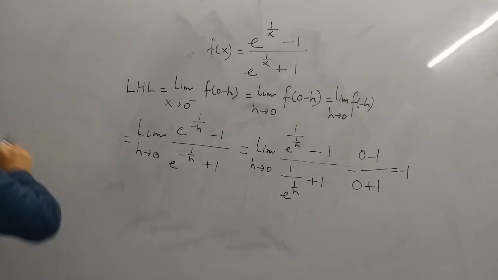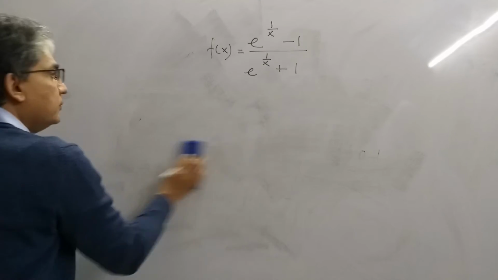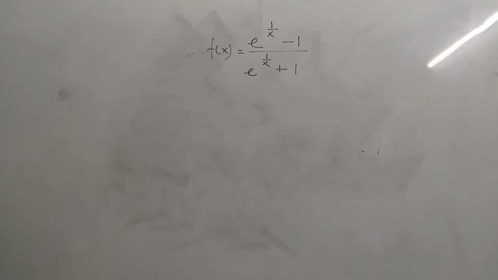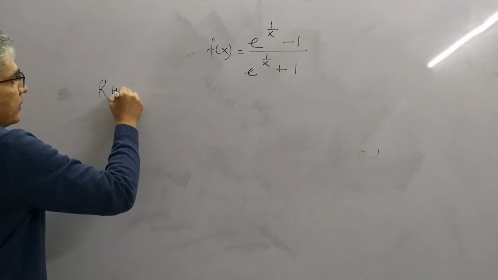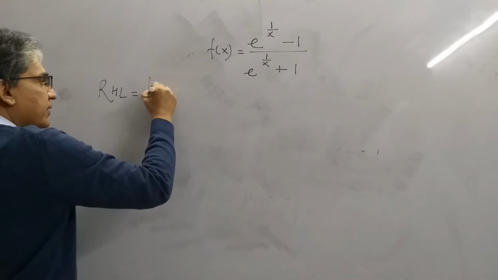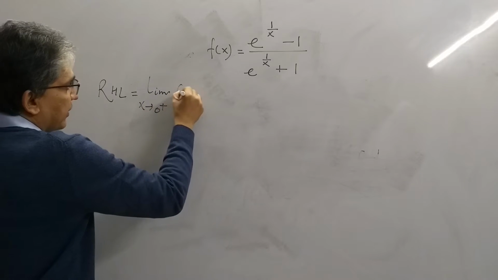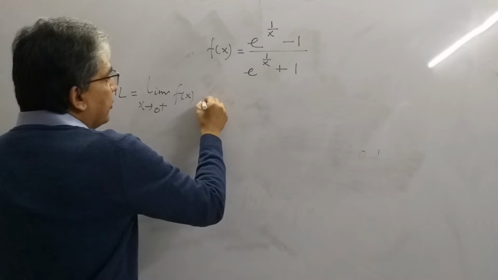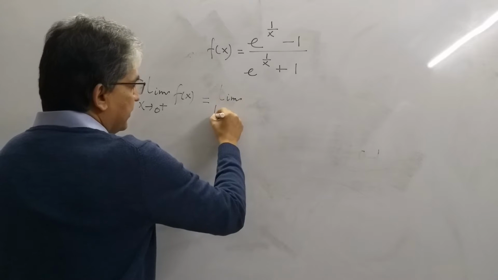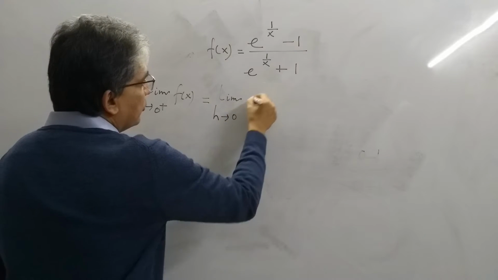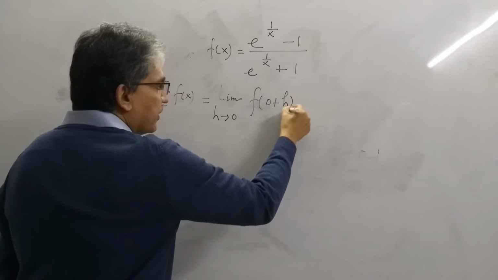Now how about the right hand limit? Our definition says that this is limit x tends to 0 plus f(x). Our algorithm says that this is limit h tends to 0 f. I have to replace the x in the function by 0 plus h.